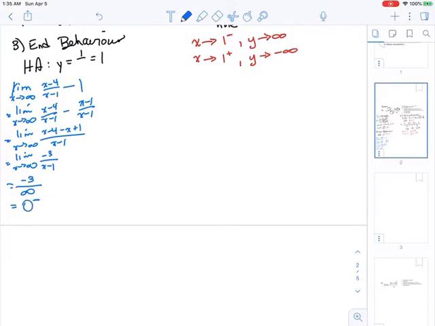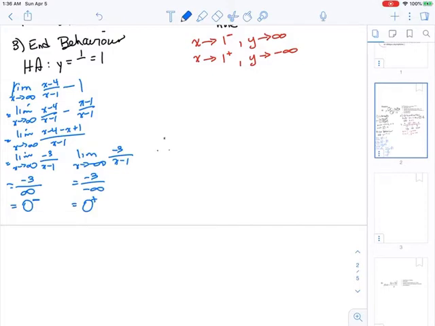So that's 0 from below. And then when we take the same simplified expression as x approaches negative infinity, so negative 3 over x minus 1, that's going to equal negative 3 over negative infinity minus 1, which is negative infinity. That's a negative over a negative, which gives us a positive value, so that's approaching 0 but from above.